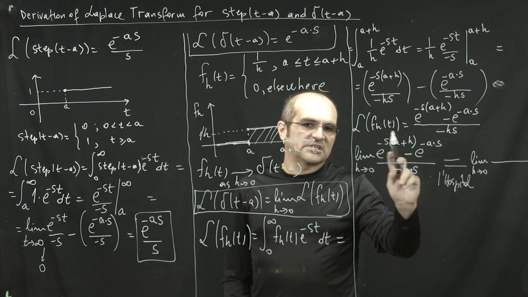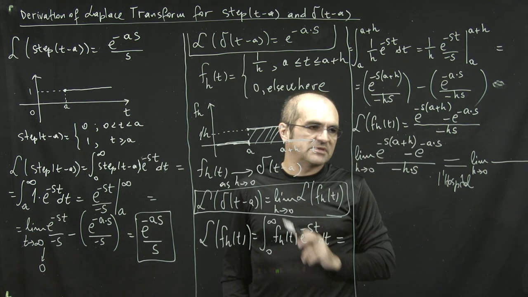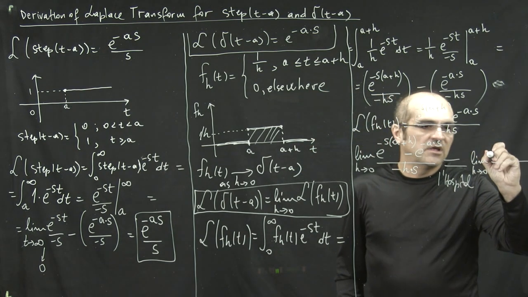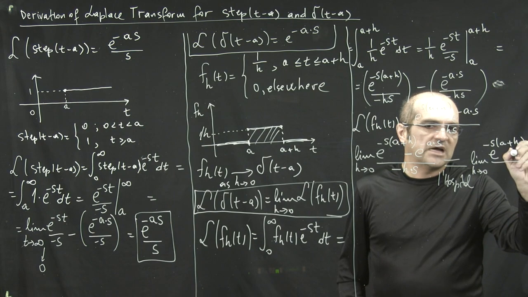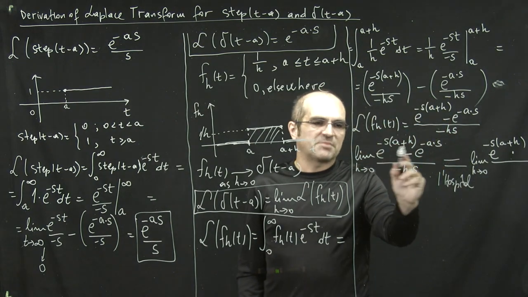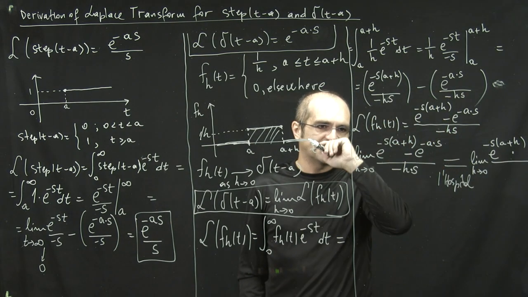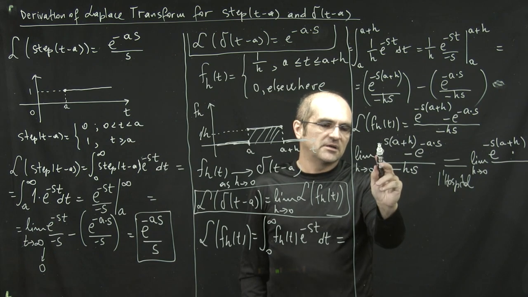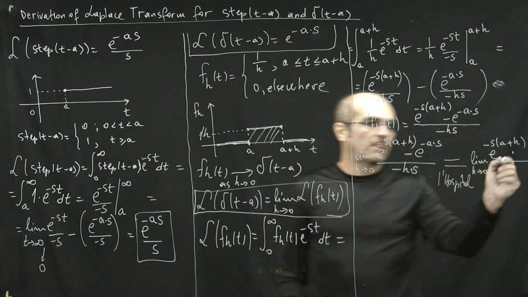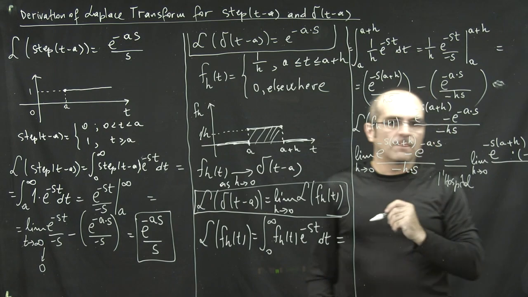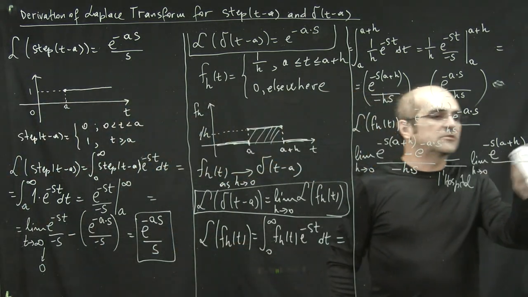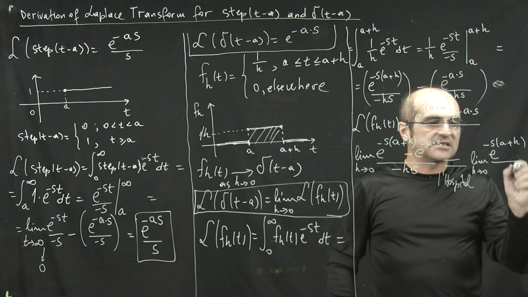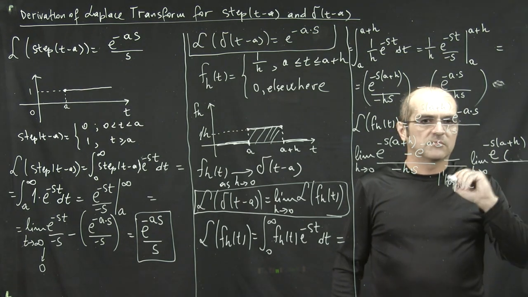So the derivative with respect to h of e to the minus s times a plus h is the same exponential times the derivative with respect to h of the exponent, and that's just minus s.